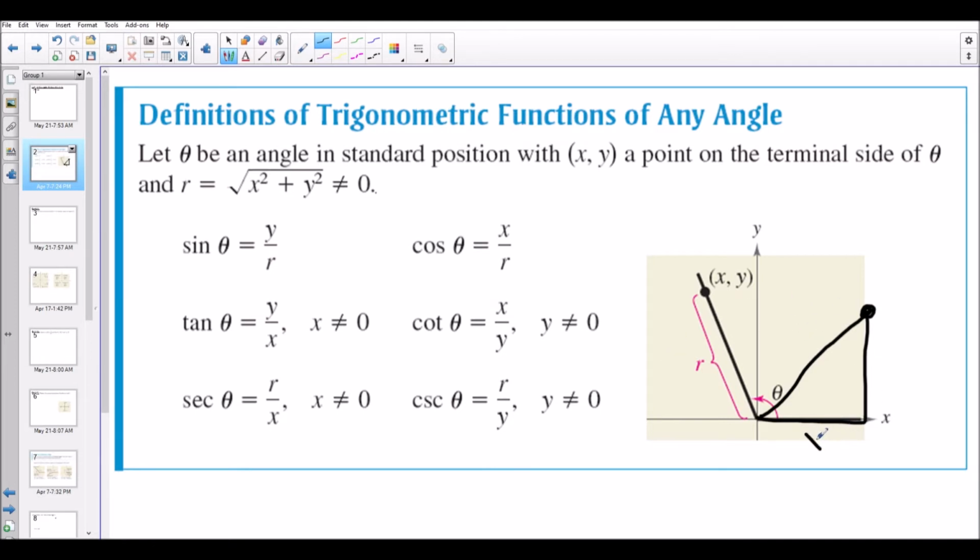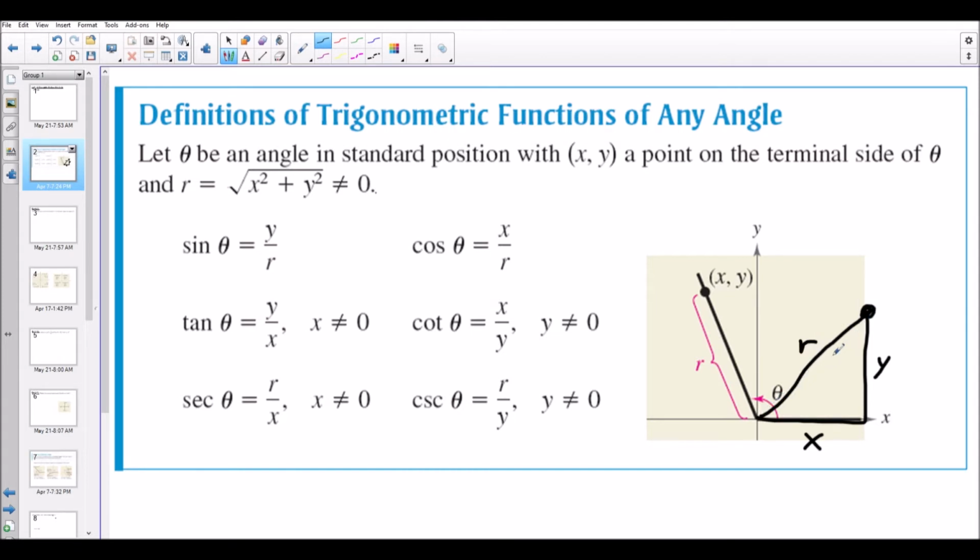This length is the x value in your coordinate, but it also happens to be the length of this bottom side. This side on the right was the y value, and this hypotenuse in the right triangle, which I drew a very curvy line, but it's really supposed to be a straight line, is technically the radius.